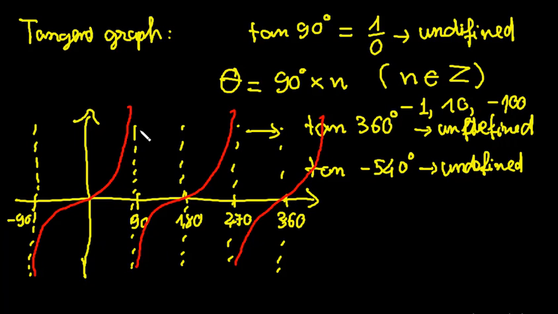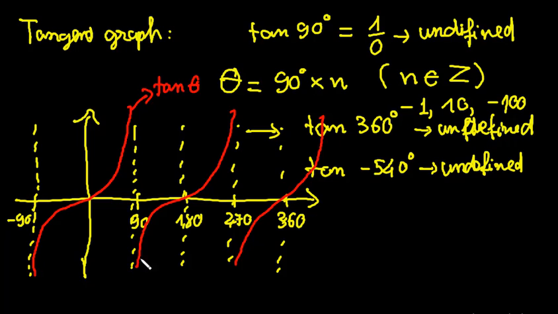Okay. The red lines are the graph of tan theta. But the line will never touch the dashed line, because for any angle theta equal to 90 degrees multiplied by n, where n is an integer, we don't have the values of tan.